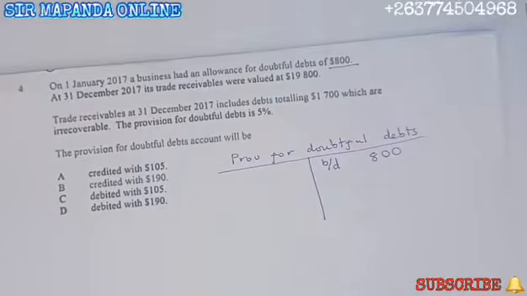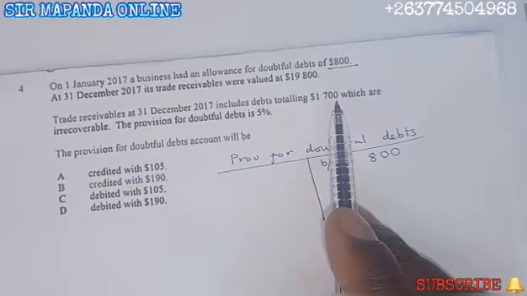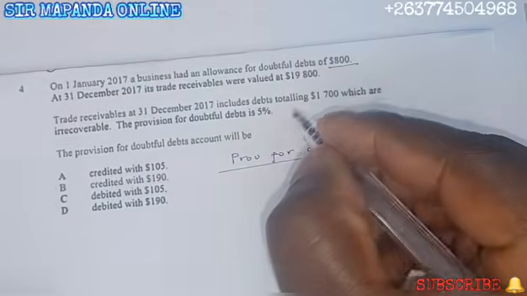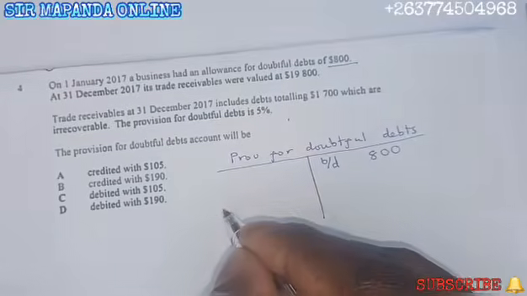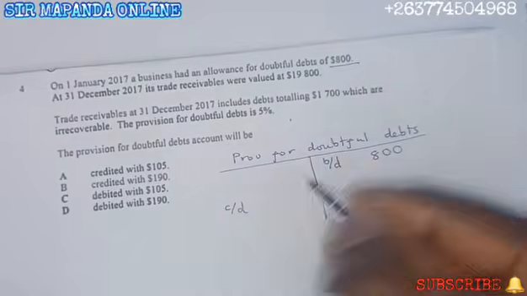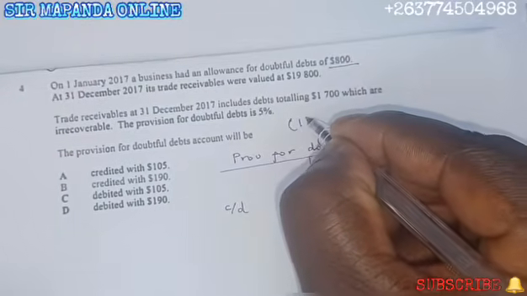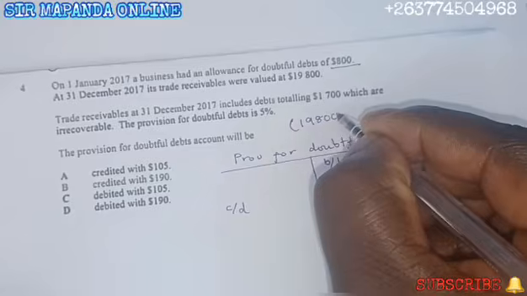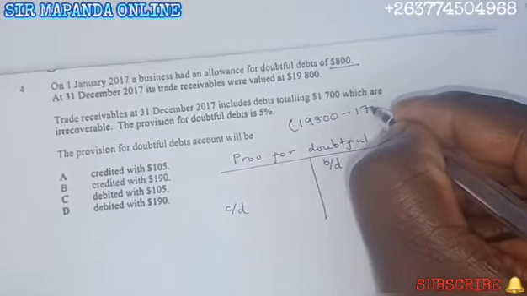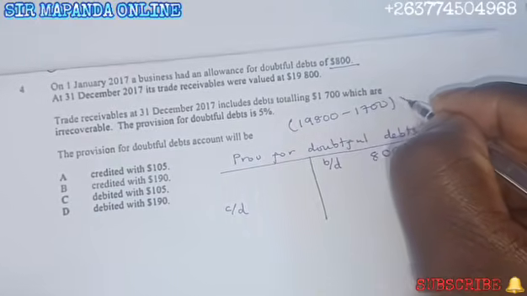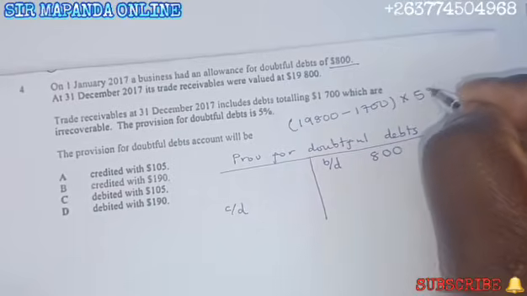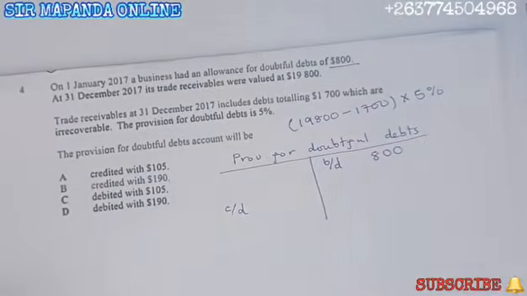We proceed. Right. Trade receivables includes 1.7 of bad debts. So it means I'm going to calculate balance CD by subtracting 1.7 from 19.8. Then you multiply this figure with 5%.